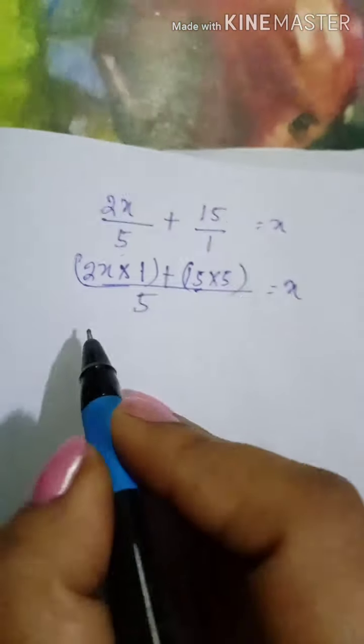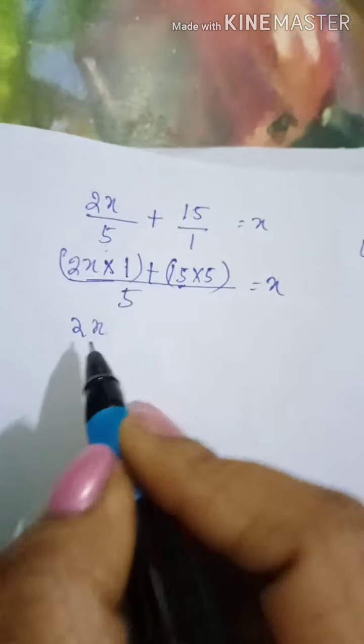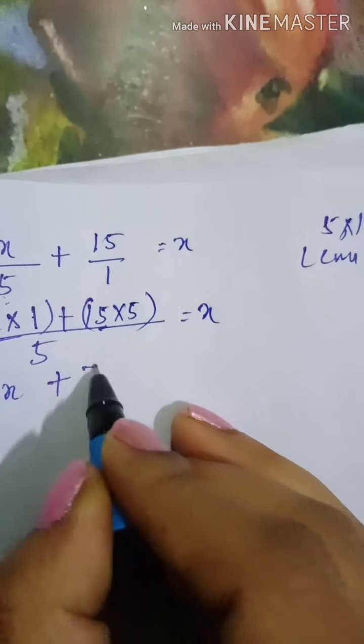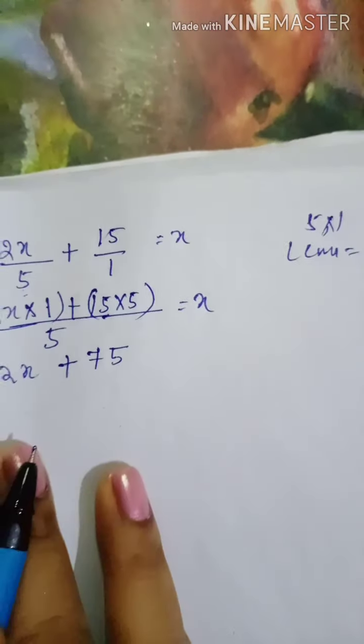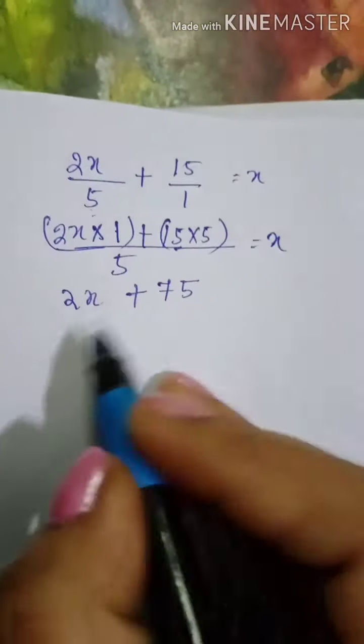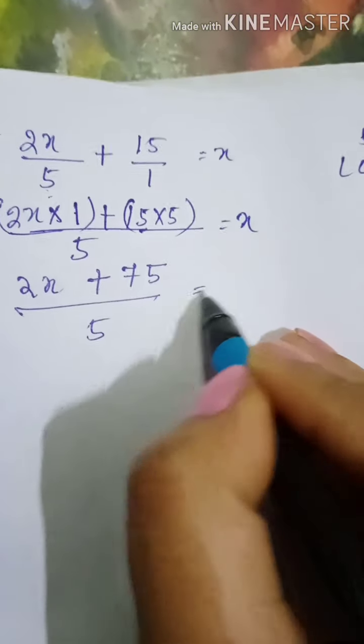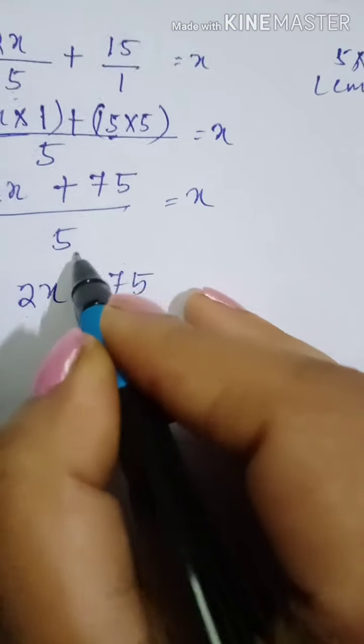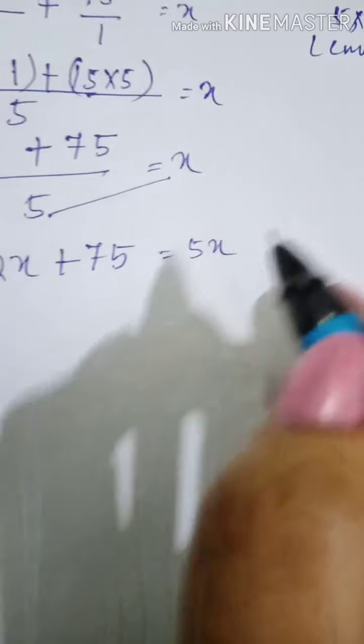Now see what happened. 2x into 1, answer will be 2x, plus 15 times 5 is 75, over 5, equal to x. Now 2x plus 75 is equal to 5x, as it is multiplied by 5.